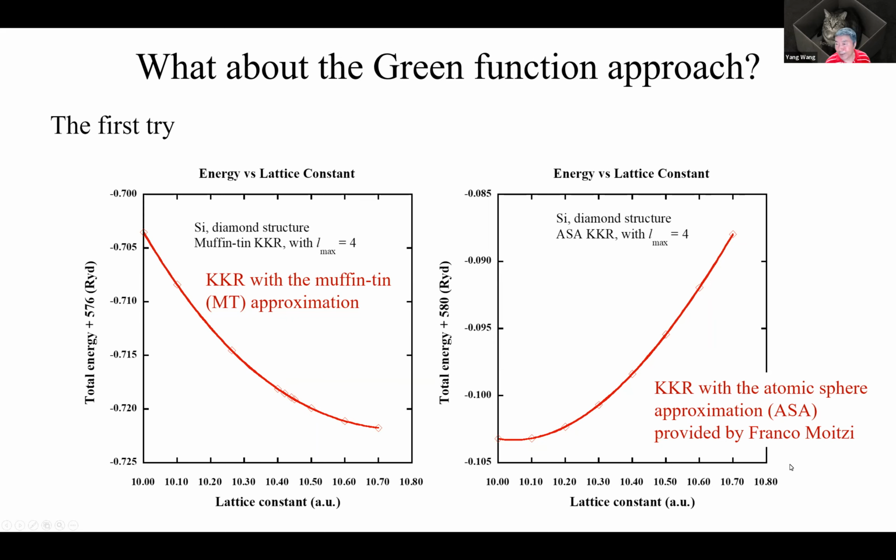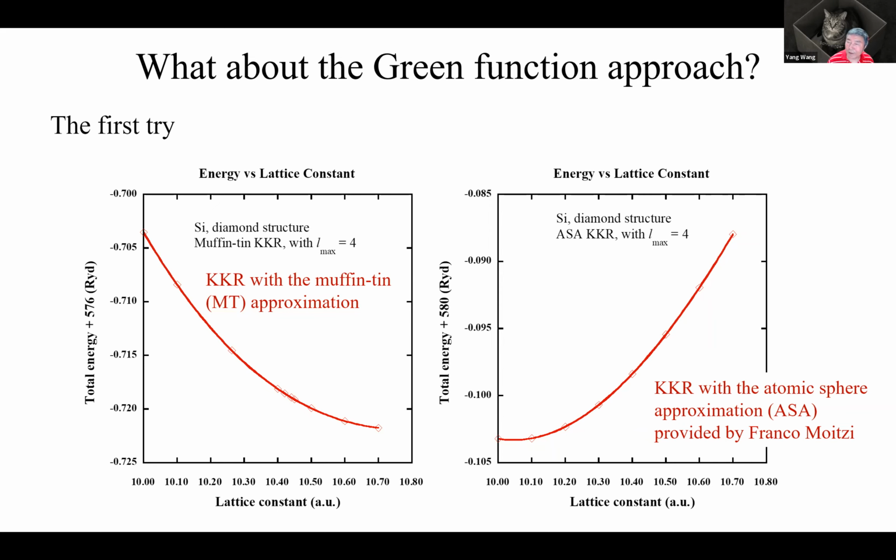Thanks to Franco, who sent me this result. He ran a different KKR code, ASA KKR, and you see it's totally opposite to what I found for the muffin-tin approximation. In ASA, unlike muffin-tin, the spheres are touching, but each sphere takes the same volume as the atomic cell volume, so the spheres touch one another.